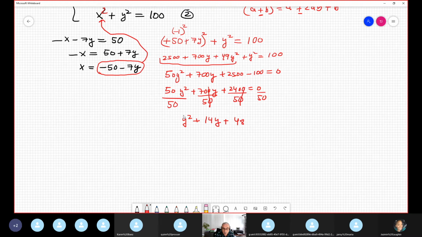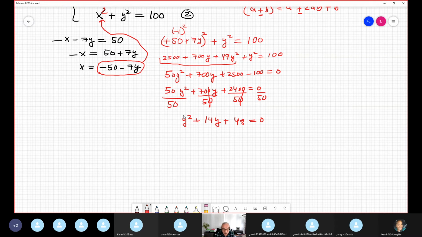48 equal to 0. Let me check it just in case: 2400 divided by 50. There you go, 48. And this is my super easy elementary quadratic equation.